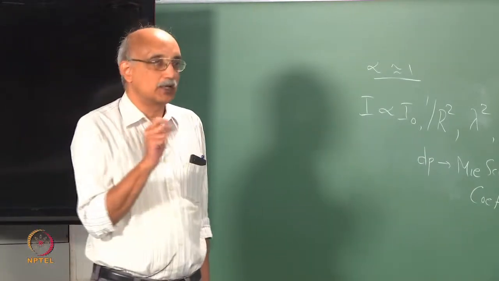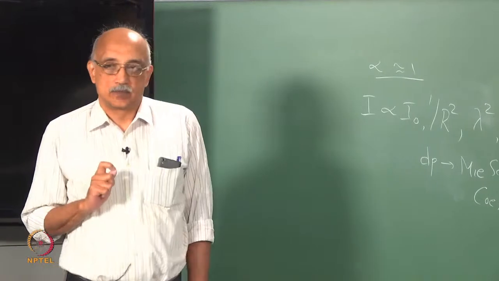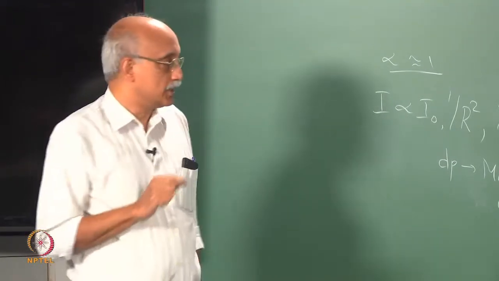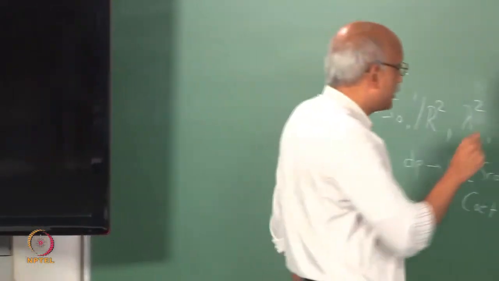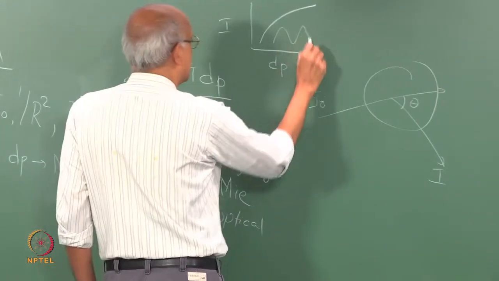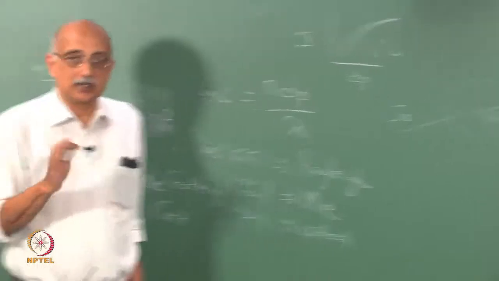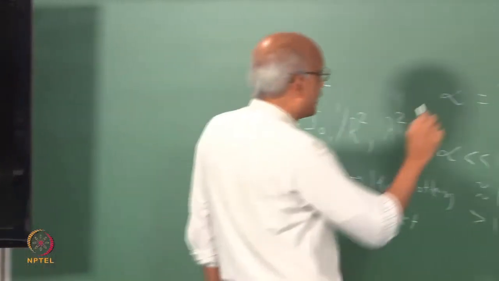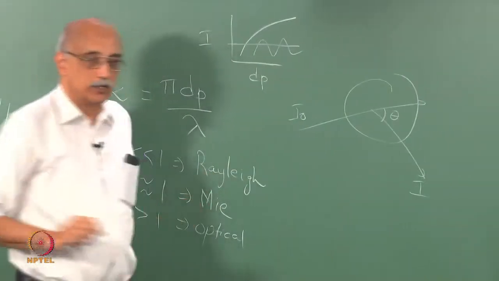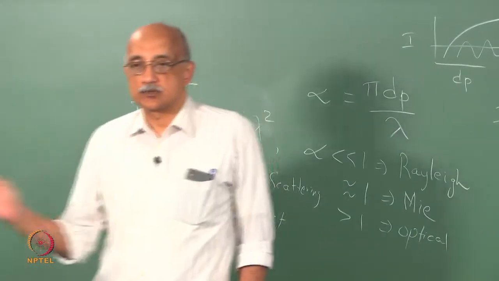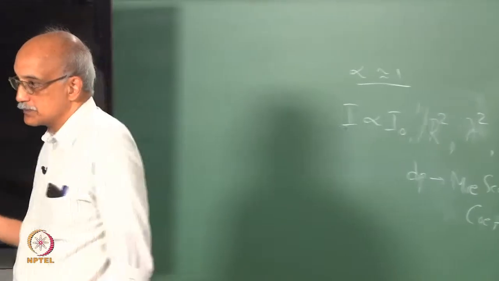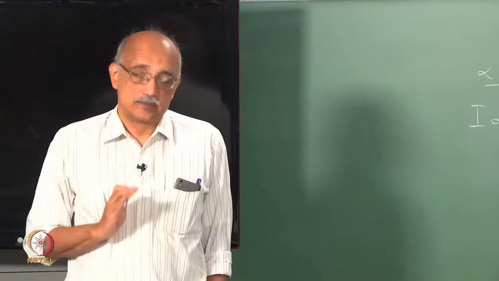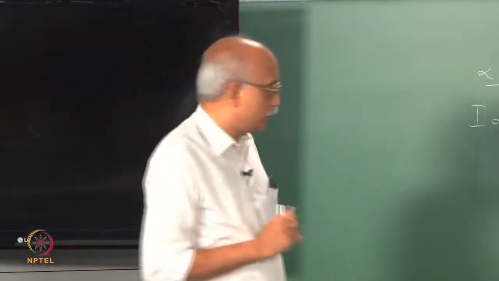It is actually the most difficult particle size range to measure because it happens to fall within this Mie regime, and in the Mie regime, if you look at the dependence of I versus dP, it almost has a cyclical behavior. So, it is very difficult by measuring I to estimate what dP is, because the same I value can correspond to multiple dP values. Okay, so, that is a huge challenge.